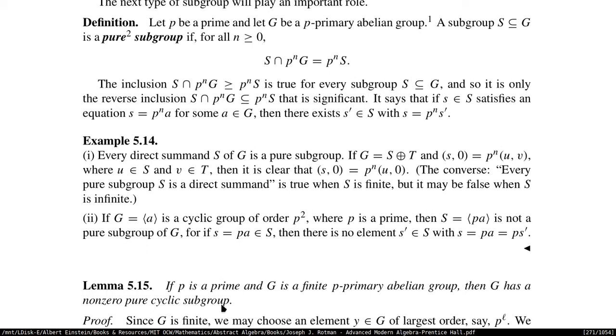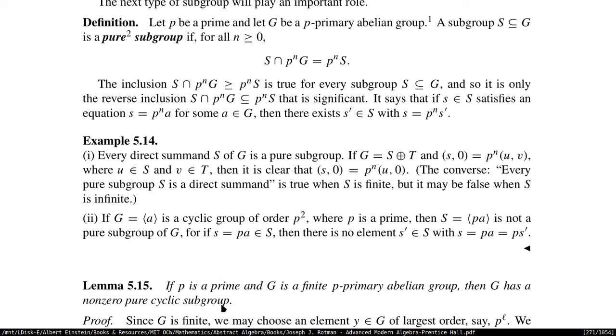So this is interesting because you can see how many weird and kind of obscure things he's introducing, right? p to the n G, just like mG, is roughly speaking multiples of the elements of G, with this p to the n.